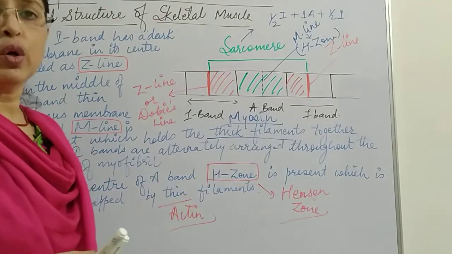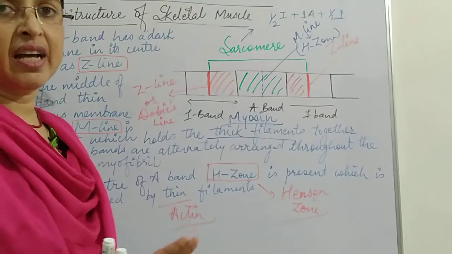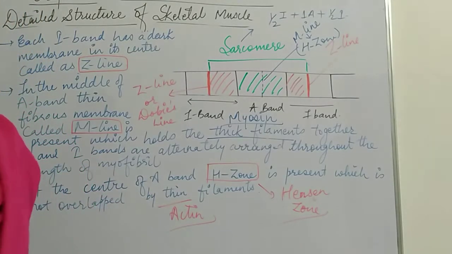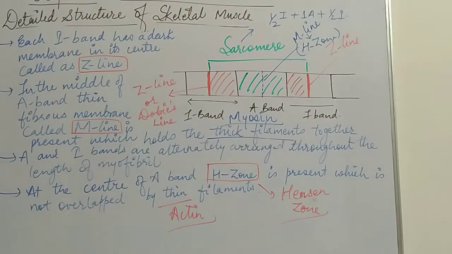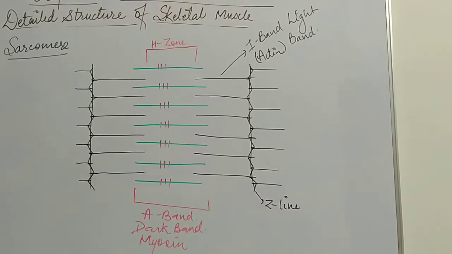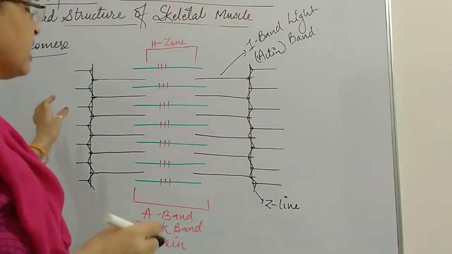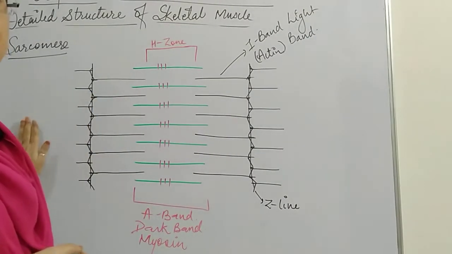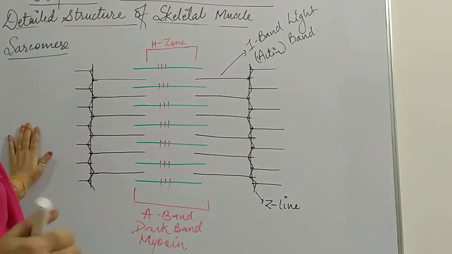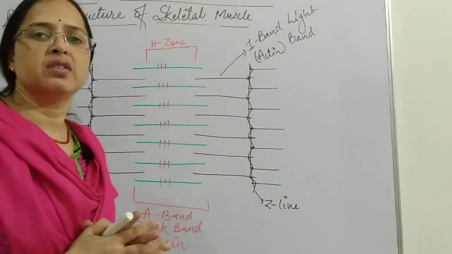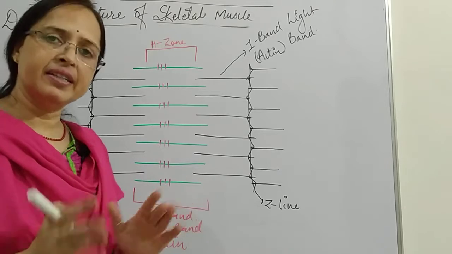Now we have a look at the complete diagram of a sarcomere. Students, now just have a look over here, the diagram of the sarcomere. As I told you, a sarcomere consists of alternate light band and dark band.